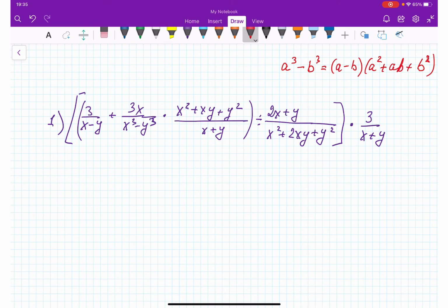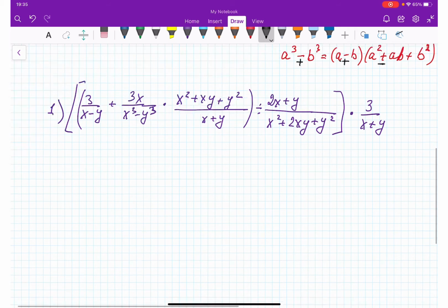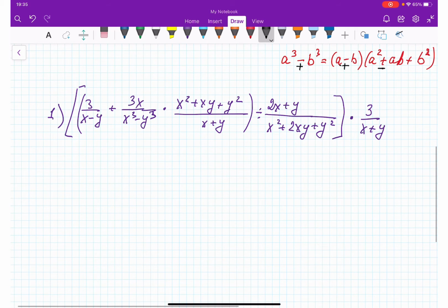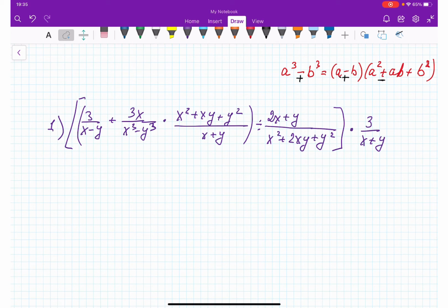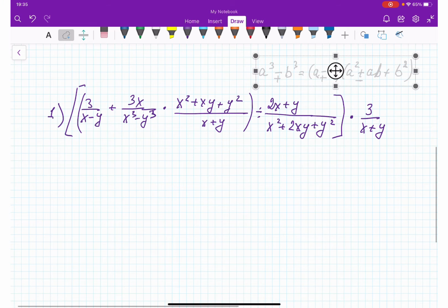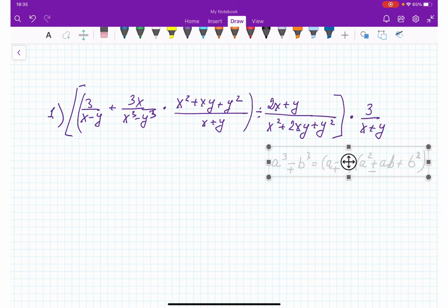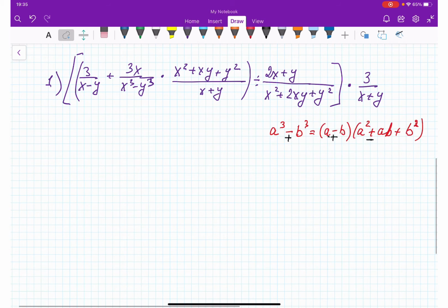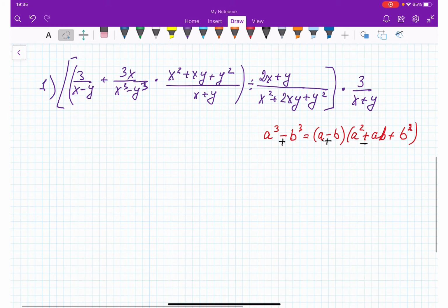And accordingly, if it's a cubed plus b cubed, it's going to be plus here, a plus b, and minus is going to be here. Okay, let it be here so we can constantly use it. All right, so let's start working.